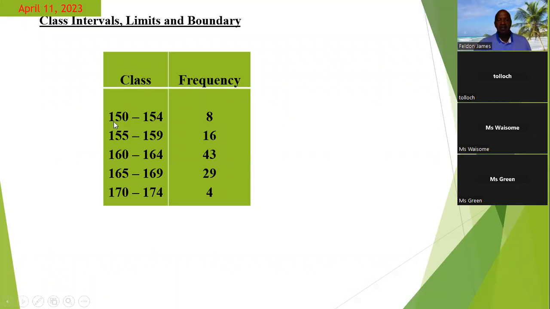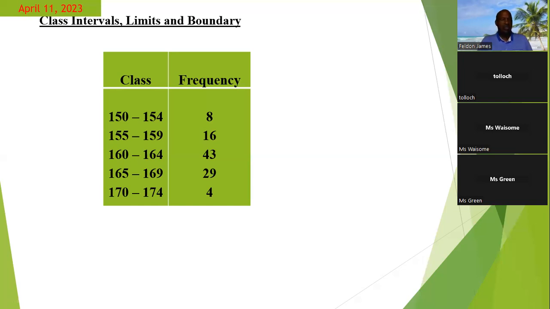So for the first class you have 150 and 154. The lower number here is 150, so the lower number is the lower limit of the class, and the upper number is the upper limit of that class, right?